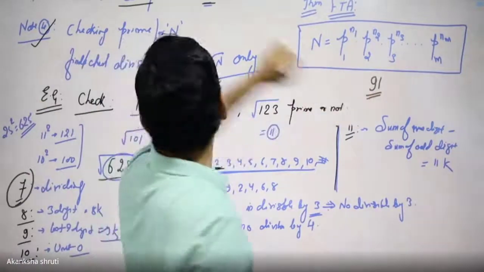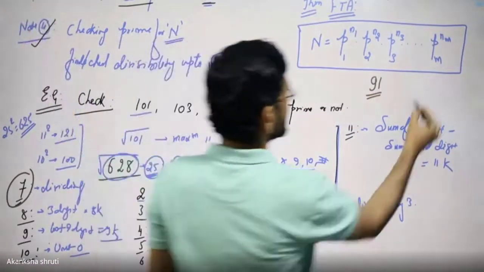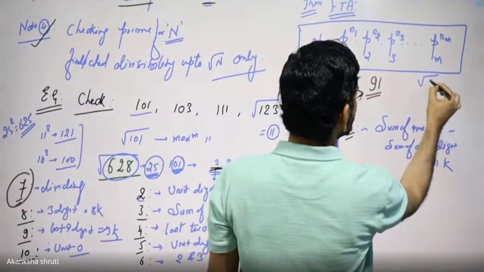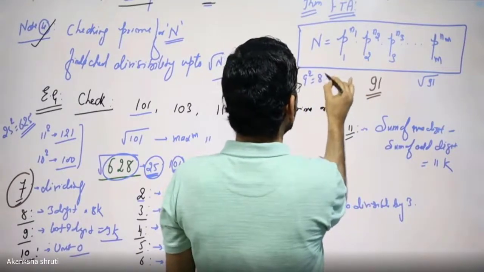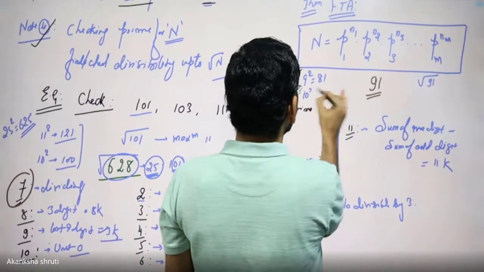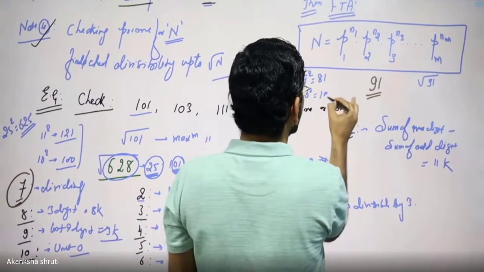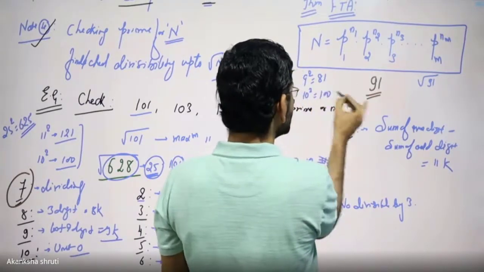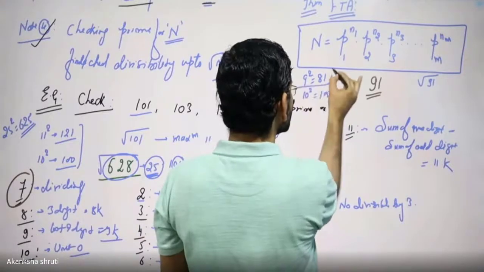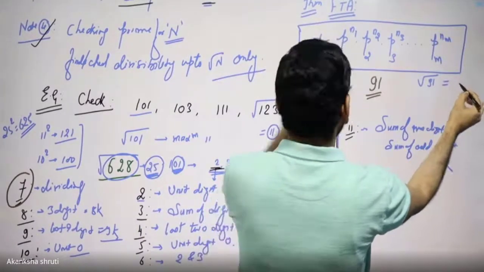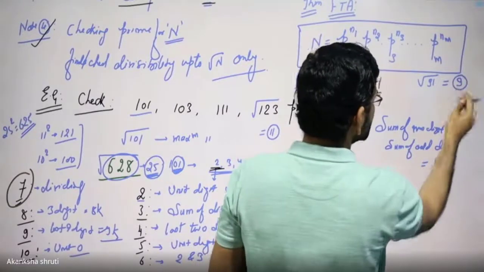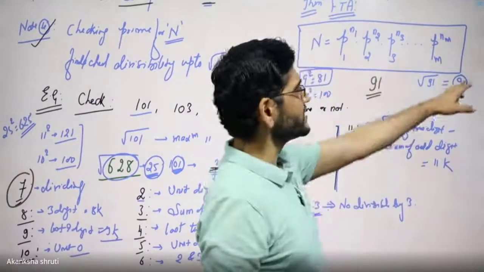We need to take the square root of 91. You know 9 square is 81 and 10 square is 100. So which one is preferable? The integer just below is 9. So you have to search for divisibility up to 9 only.